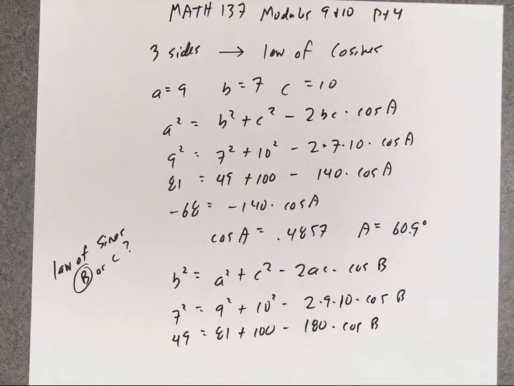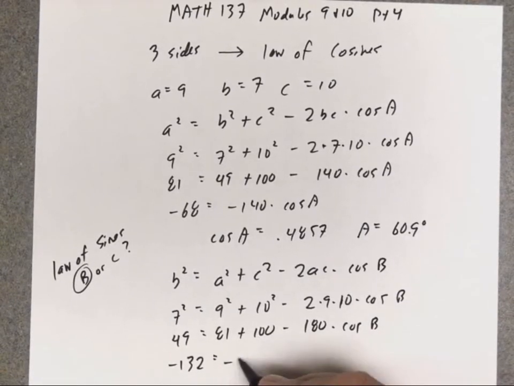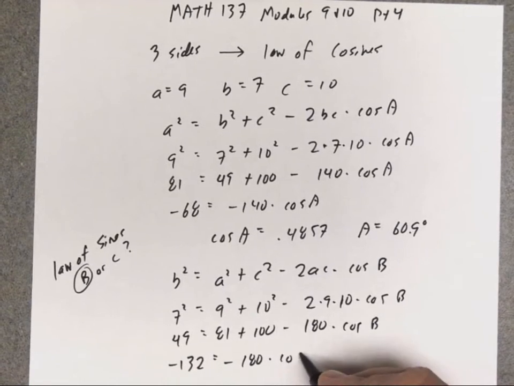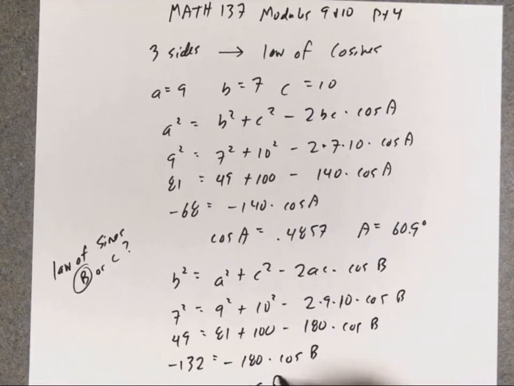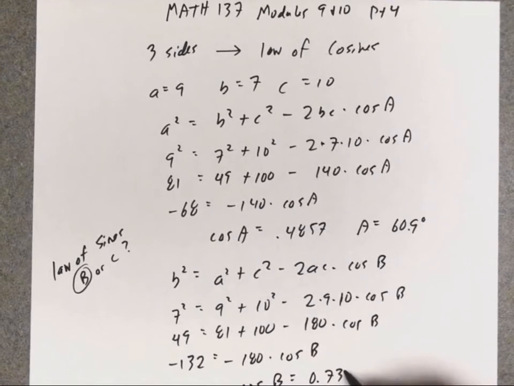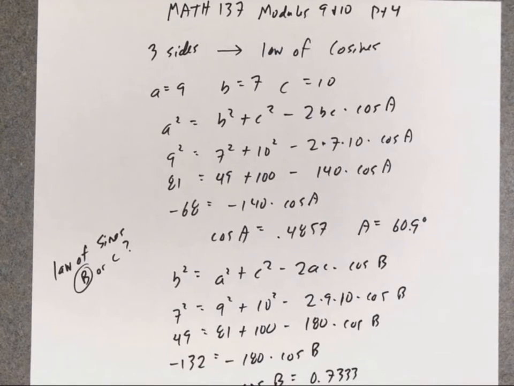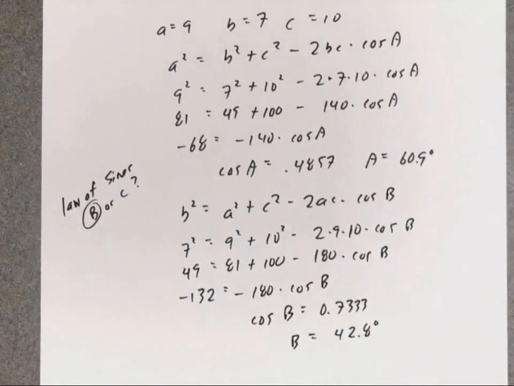Now, better get my calculator, make sure I don't mess up. 49 minus 81 minus 100, negative 132 equals negative 180 times cosine of B. Take inverse cosine, and you get 42.8 degrees.